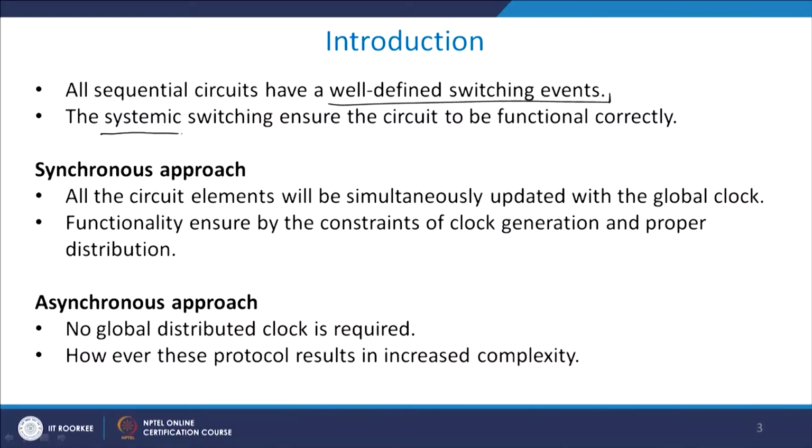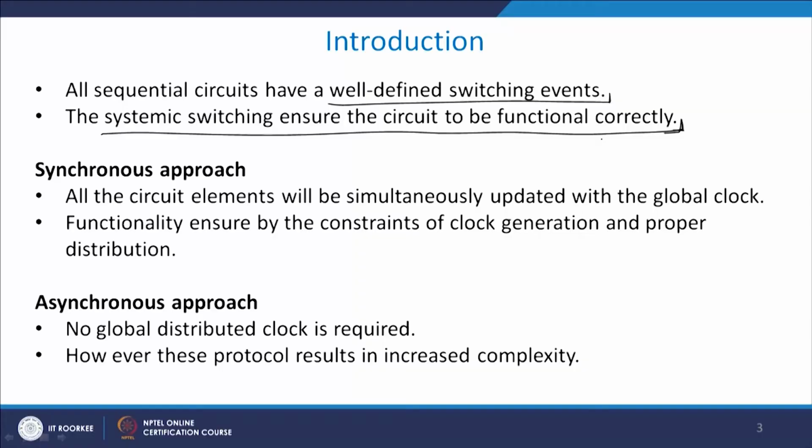Now, the systematic switching has to be there to ensure that the circuit is functionally correct. Unlike in combinational logic, if you remember, in sequential logic you also have feedback paths, and in the feedback path the time taken for the feedback to appear at the input side might be varying. It might even come after the clock edge has passed.